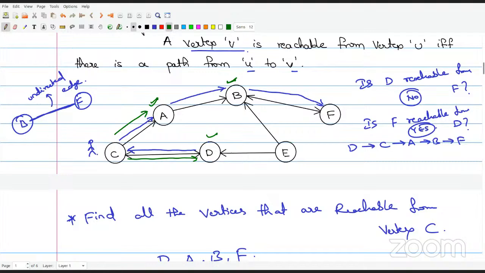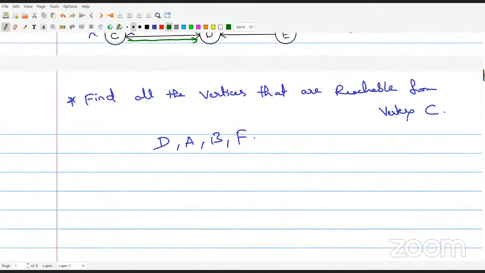So there is a path from C to B. Again, from B to F there is an edge, so I can also reach F. So except E, I can reach every other vertex from C.